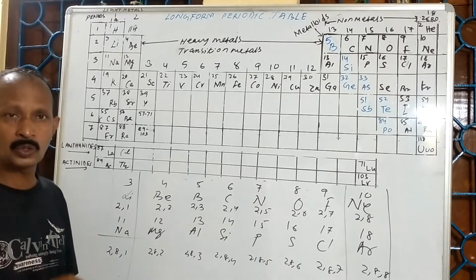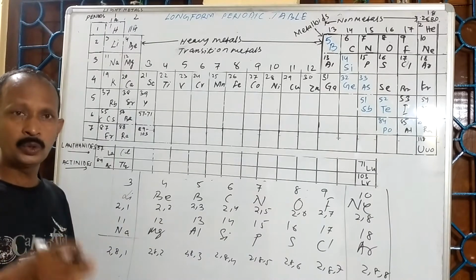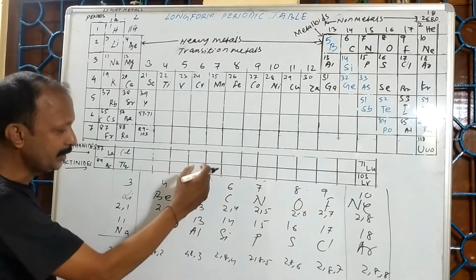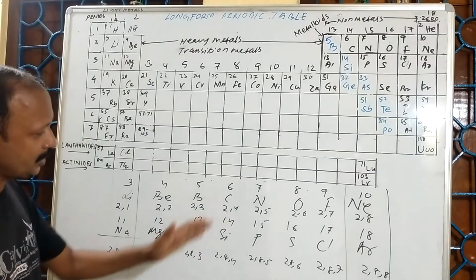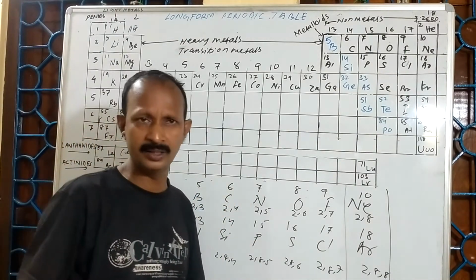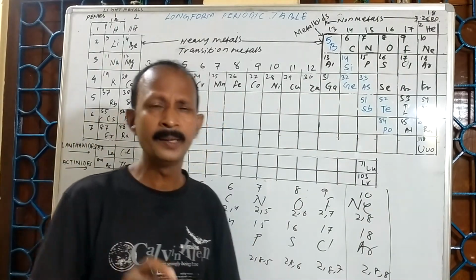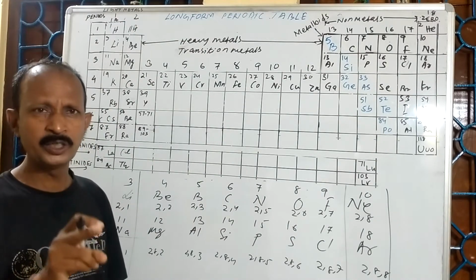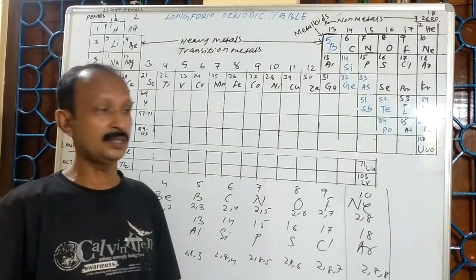The valence electron is related to electronic configuration. So here it shows the periodicity in the electronic configuration. This is the speciality of the modern periodic table: its atomic number corresponds to electronic configuration.